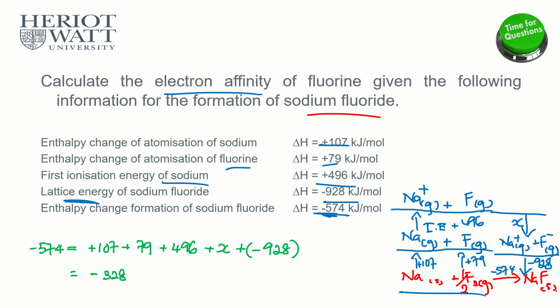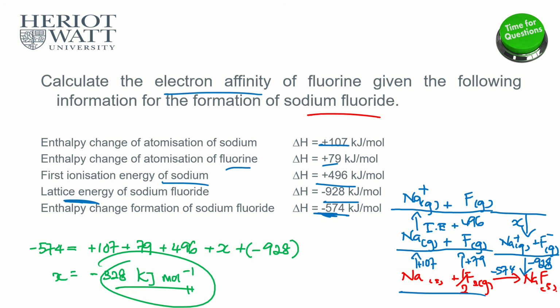Just now it was negative 574 minus 107 minus 79 minus 496 and then plus 928. Yeah, negative 328. All right, so this is the answer. Of course, this is energy, so it's always kilojoule per mole. Yep, that's it. So this is the X value, which we call the electron affinity of fluorine.